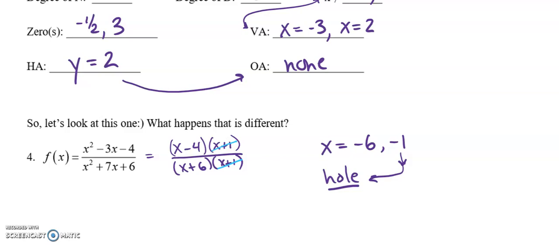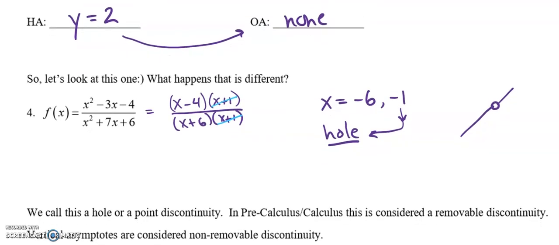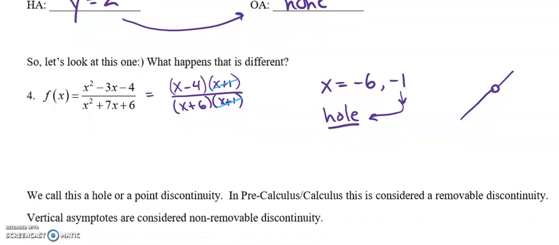So it's kind of like you've got a graph, and then you've got a hole, and then the graph continues. It's just going to be an open circle where the point -1 comma blank would have been. This is called a point discontinuity.